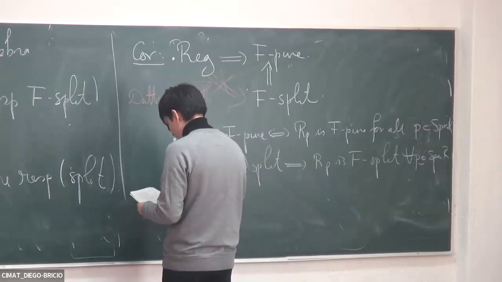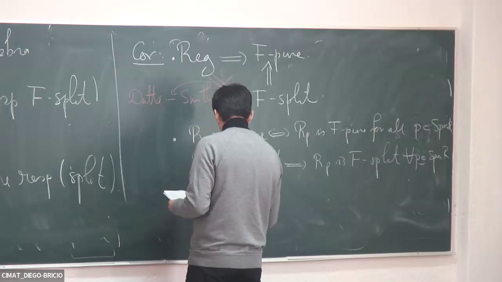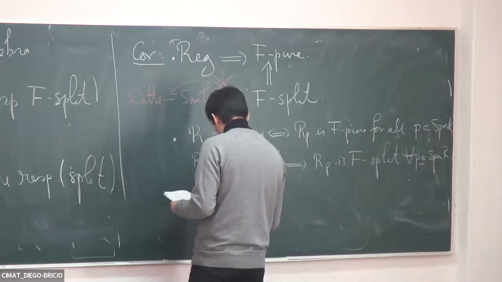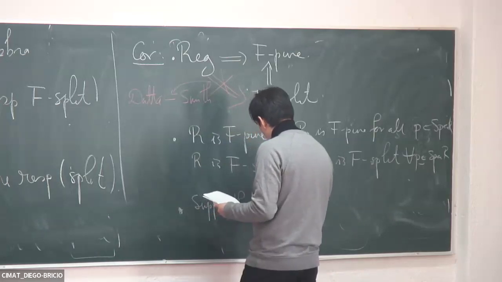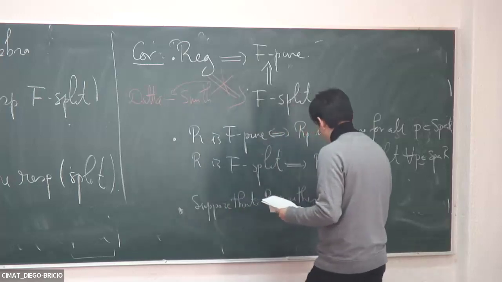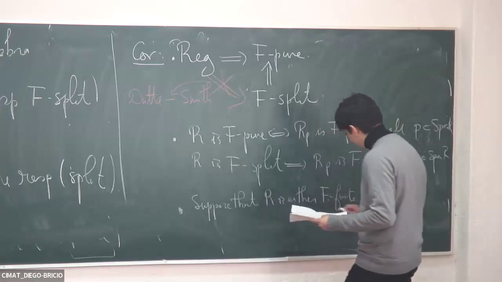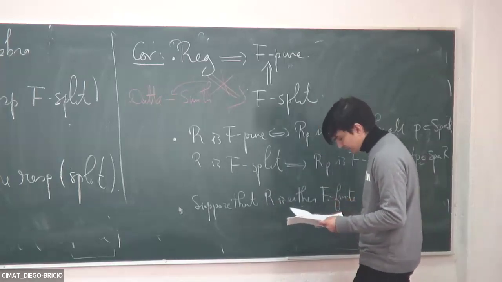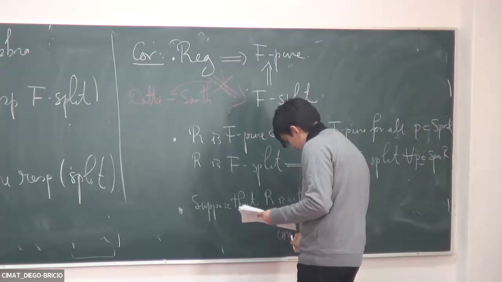So the other corollary is that suppose R is either F-finite. So you see the first instance where the finiteness is really, really important for this to be nice. Or let's say complete.